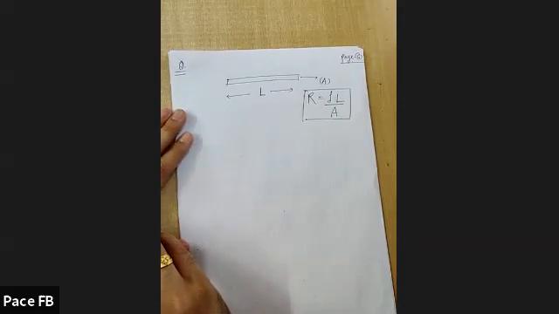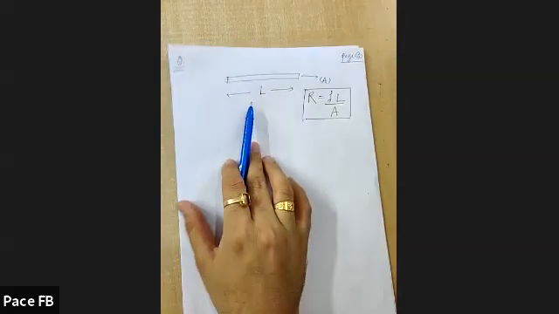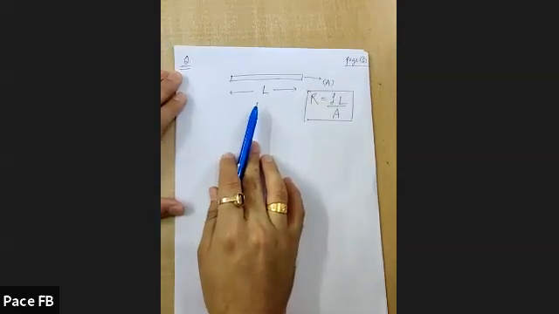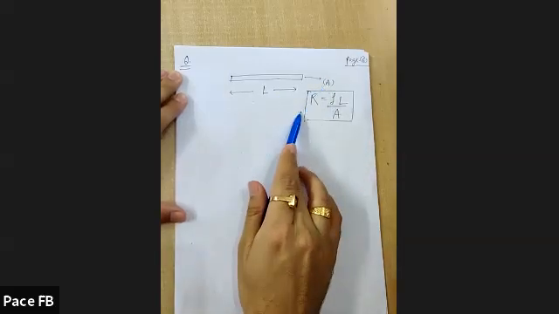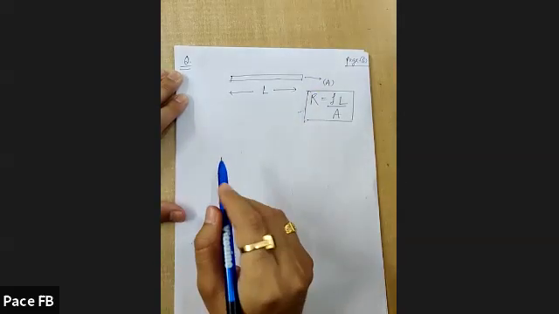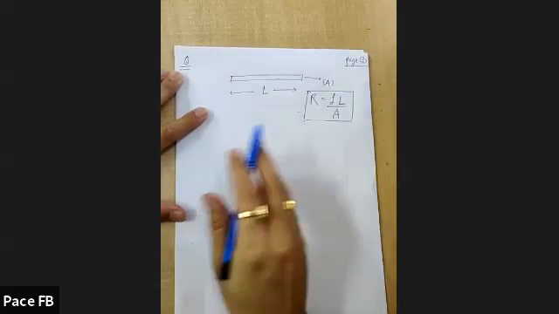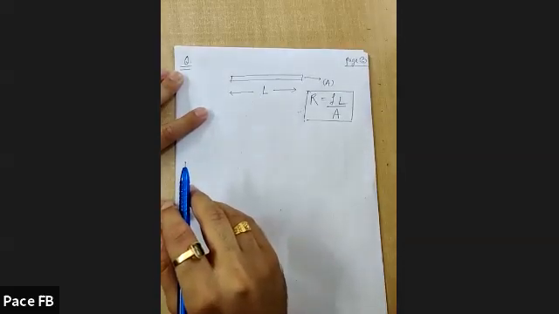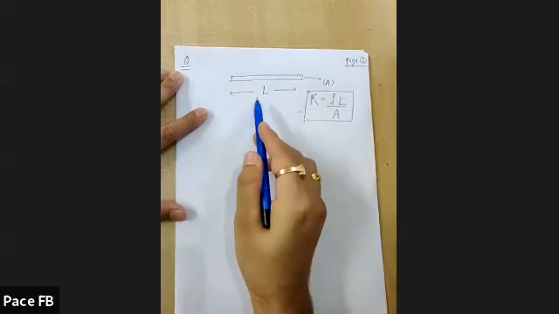So now this is a wire of length L and cross-sectional area A and resistance R. Now they are stretching only a fraction of its length, not the whole wire, uniformly till the total length becomes 3 by 2 times L.